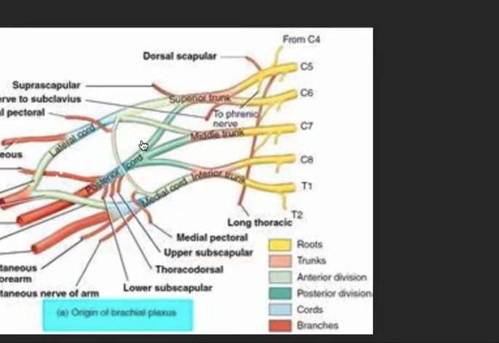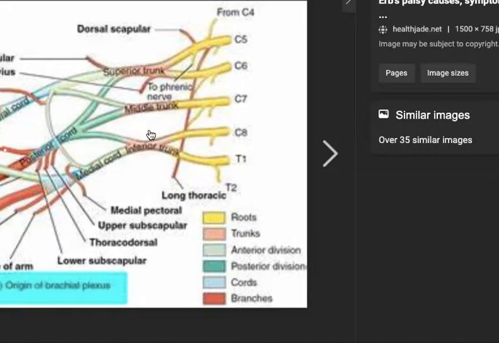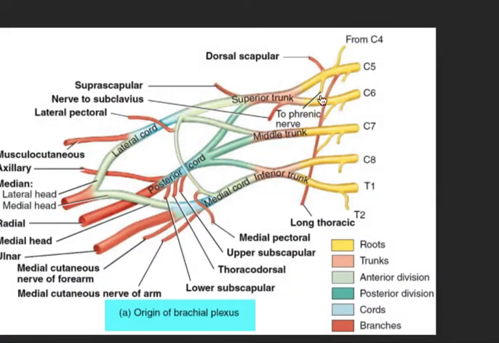Now, the brachial plexus originates from C5, C6, C7, C8, and T1. So whenever there is pathology or deficit in the C5 C6 nerve roots, we call it Erb's palsy. Whenever C8 and T1, the lower two, are involved, we call it Klumpke's palsy.